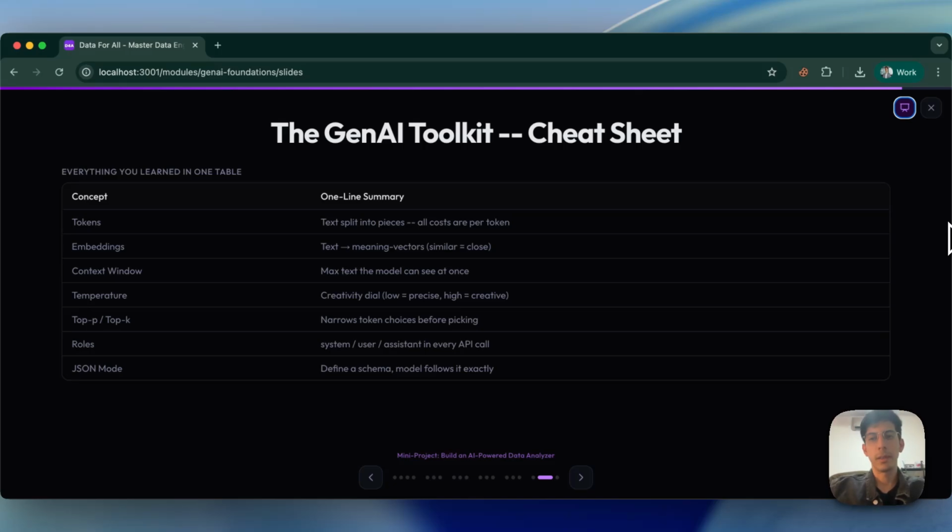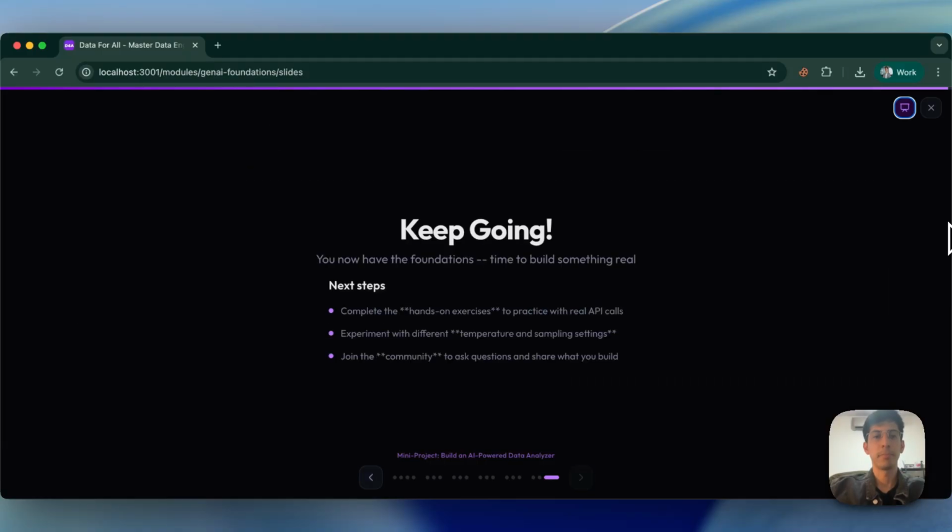Temperature is your creativity dial. Top P is a smarter way to narrow down token choices. Messages and roles give you control over the conversation structure. System sets the rules, user asks questions, assistant responds. And JSON mode ensures you get clean, parsable data out of the model instead of free-form text. If you remember nothing else from this module, remember this table, please.